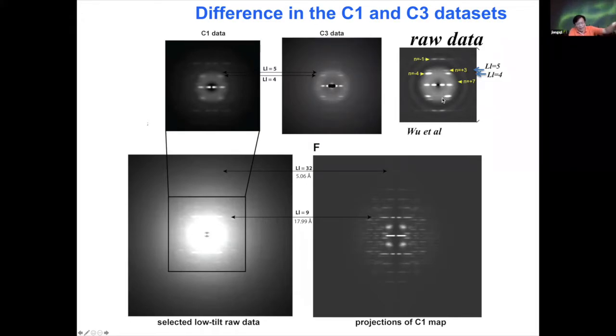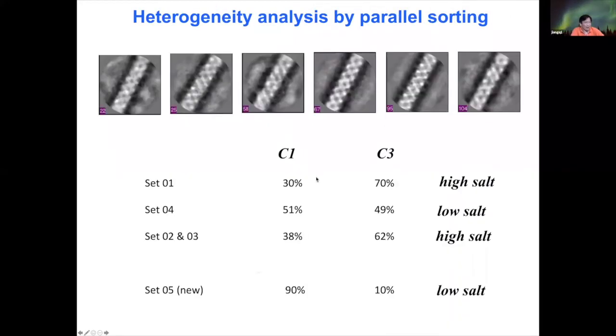Actually, we had a competitor at Harvard. They initially claimed that they don't have C3 in their data set. But if you look at their raw data, it indeed has C3 symmetry as well. And the C1 projection map cannot explain the C3 feature very well. Then we did a careful analysis of all the data sets we have on hand.